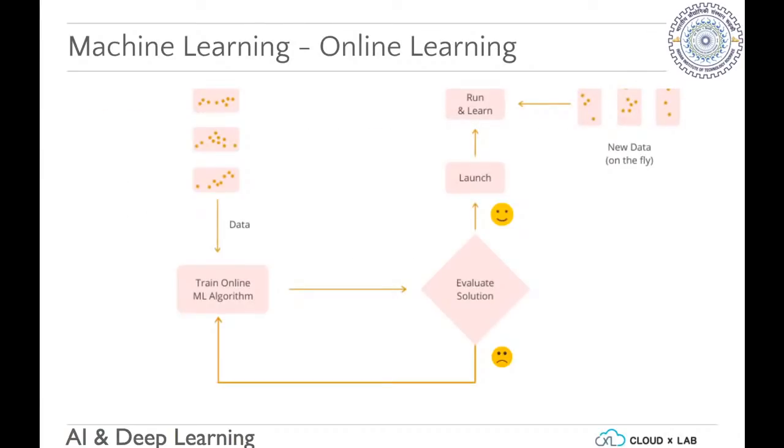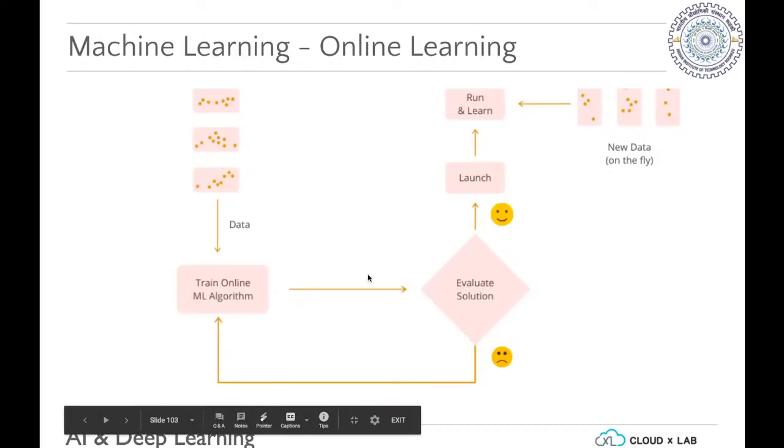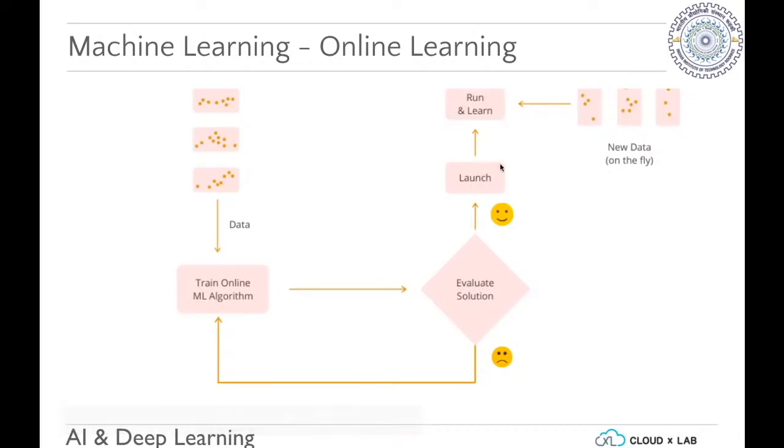The other kind of learning is online learning, right? So you basically train an algorithm online, as and when the data is coming, and notice it here. We trained it, evaluated it, and then put it into production. We launched it here.